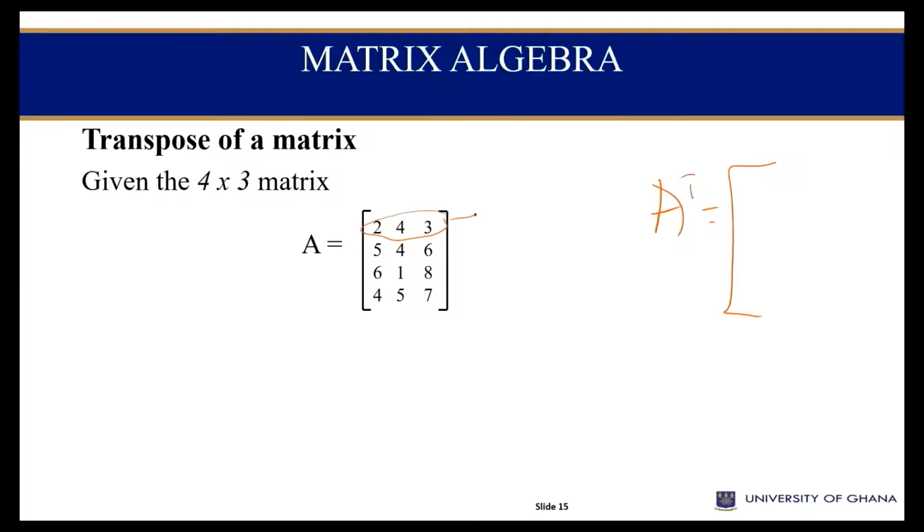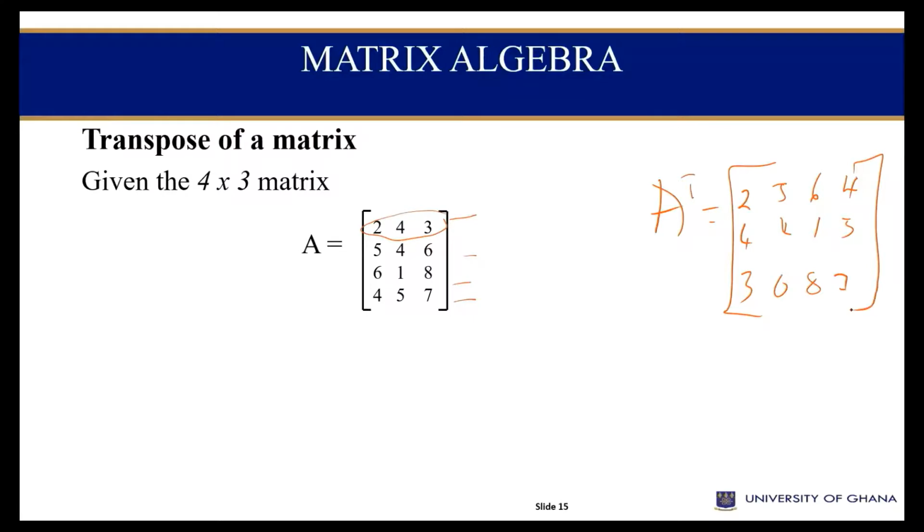Okay, so you see this is row 1, row 2, row 3, row 4. I'm transposing it, which means that row 1 will become column 1. So I'll have 2, 4, 3. Row 2 becomes 5, 4, 6. This becomes 6, 1, 8. And this becomes 4, 5, 7.